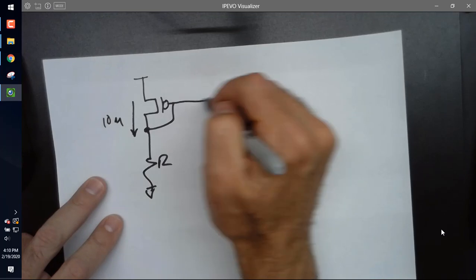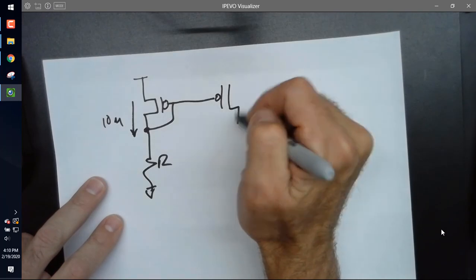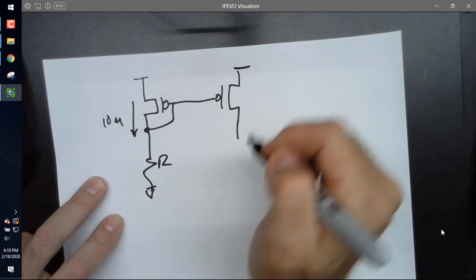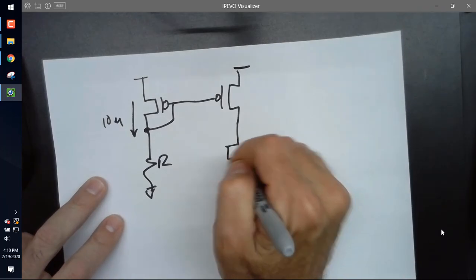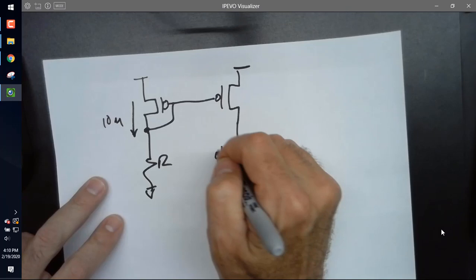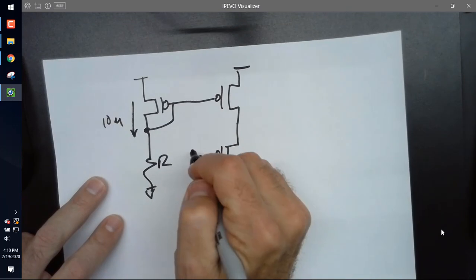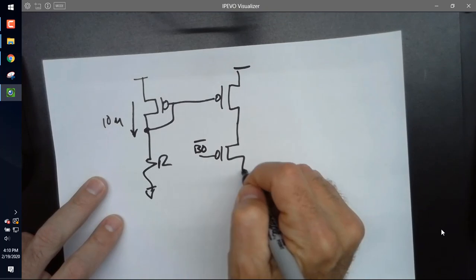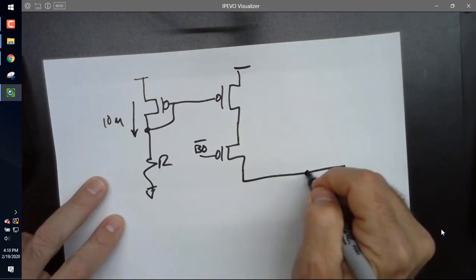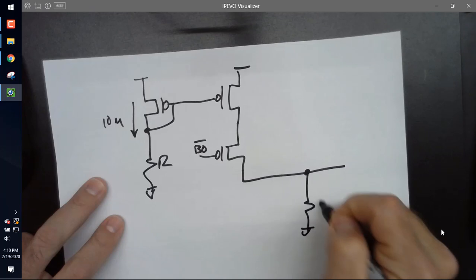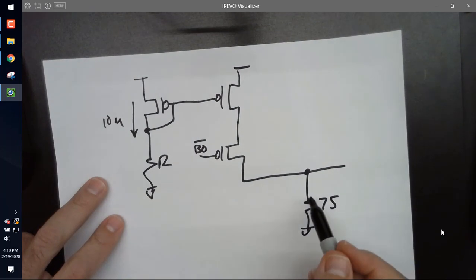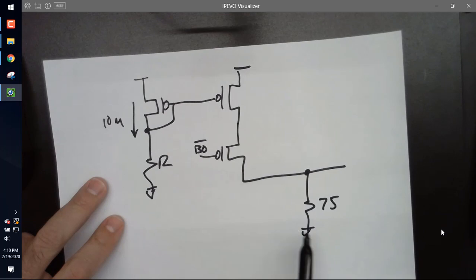Then I come over here, and I make this the same size, except here I'm going to put another switch in series that's active low. So I'm going to call this bit 0 bar. And it's going to be ultimately connected to the 75 ohms in the speaker, or the monitor.